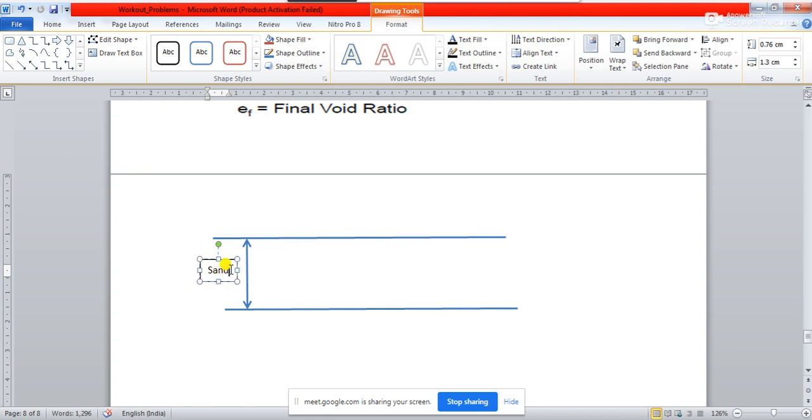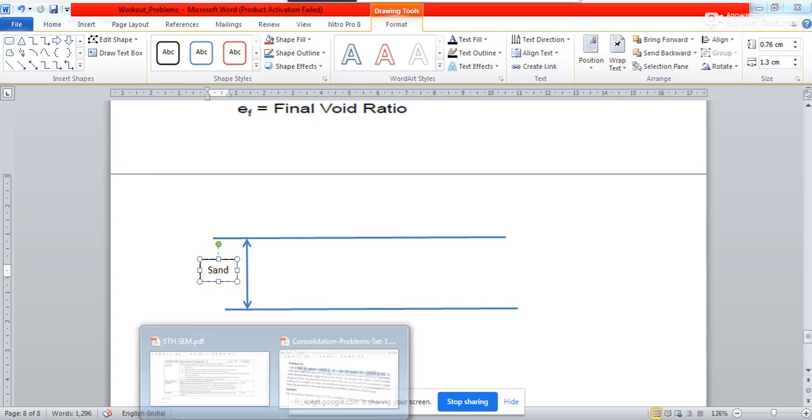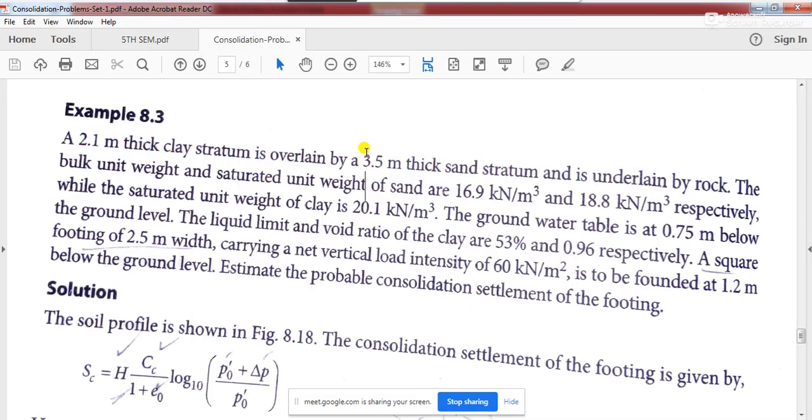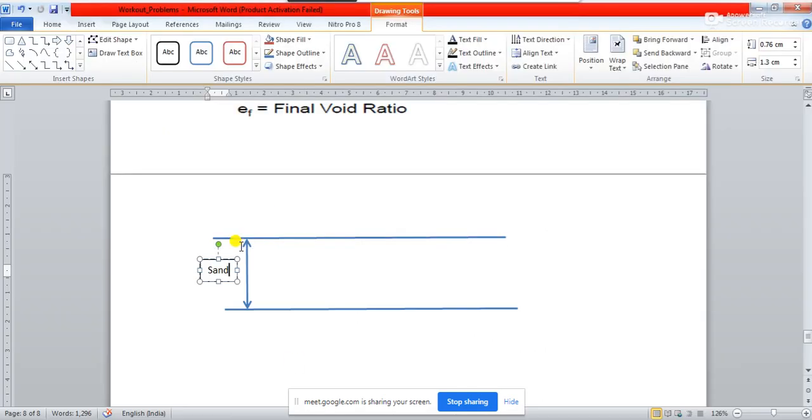And what is the depth of this layer? The depth of this sand layer is said in the problem, it is 3.5 meter thick, right? So the sand layer is 3.5 meter thick.